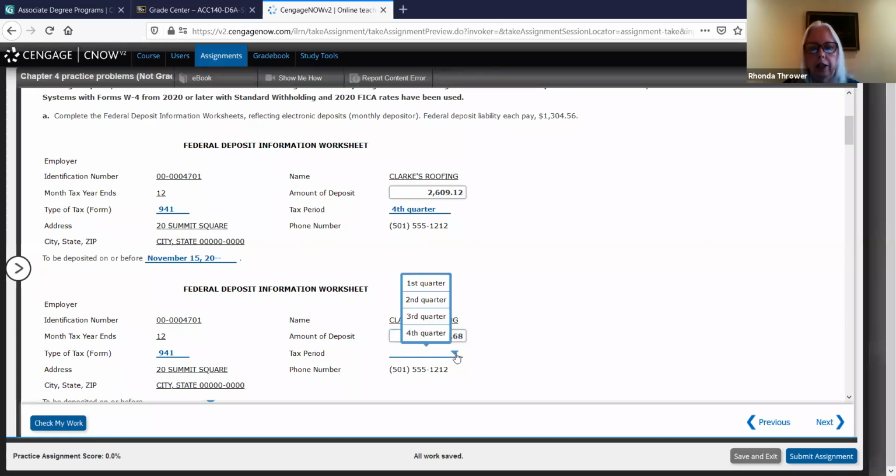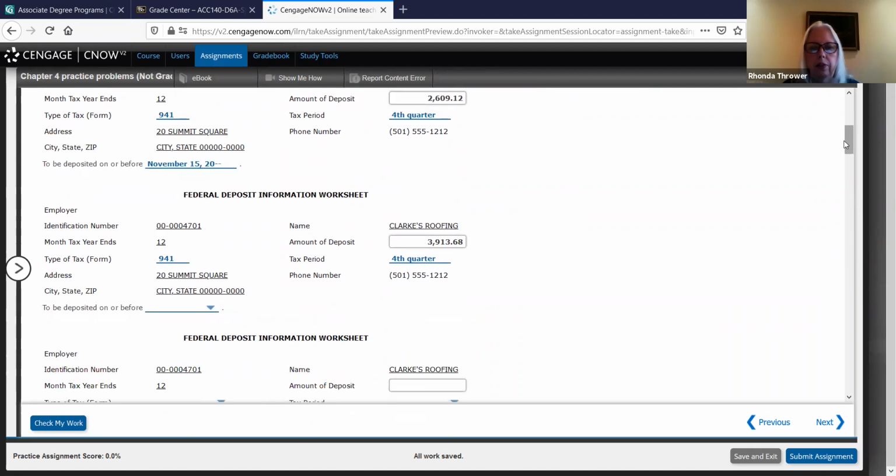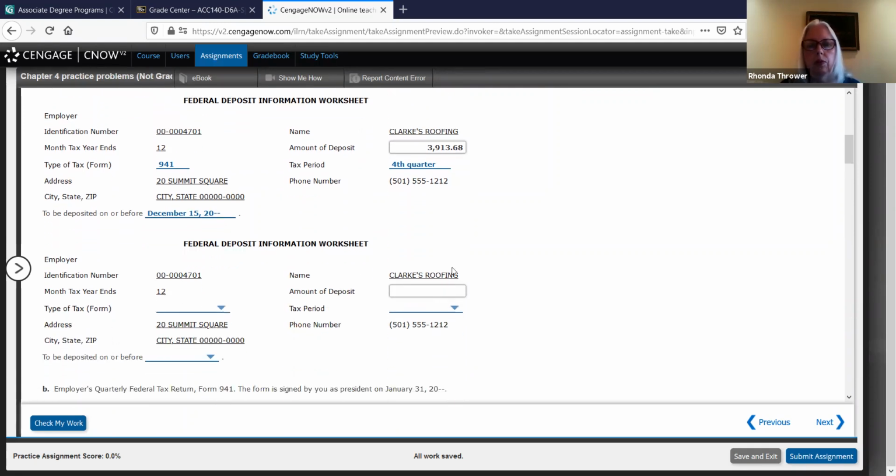The tax period again is going to be the 4th quarter, and we're depositing this in November. So the due date actually is December the 15th. Since it's a monthly depositor, it's the month following the deposit. Since we make this deposit for the month of November, it actually has to be deposited by December the 15th.